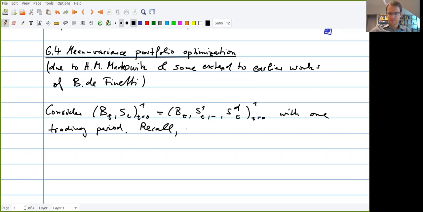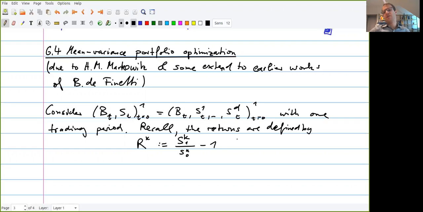They are defined by R^k, and here there's no time, so this is R^k_1, which we define, we drop the 1 because there's only one trading period. These are the returns you have in the risky asset. This is not the discounted one, these are the undiscounted ones. For each of these d risky assets, you can write down the returns.